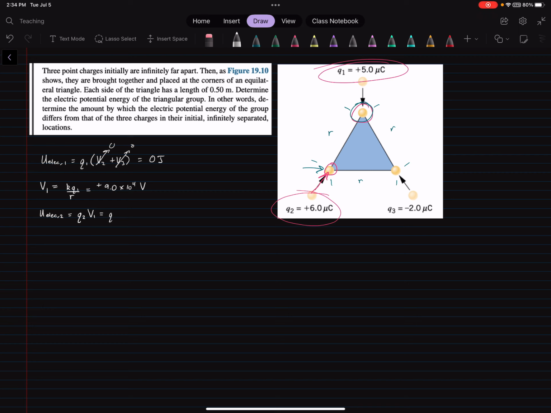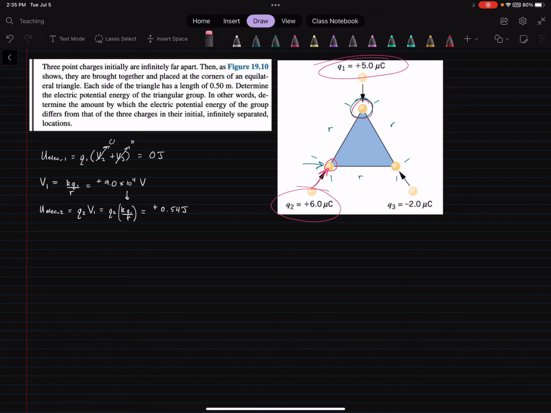So that would be Q2 times K Q1 over R. And we know what that is, right? That's just this guy. And so we have Q2 being positive 6 microcoulombs times our last calculation of V1, so 9.0 times 10 to the 4th volts. And you get that the electric potential energy of Q2, once it's in that spot, is equal to a positive 0.54 joules.